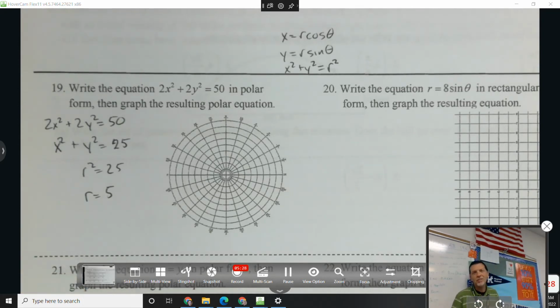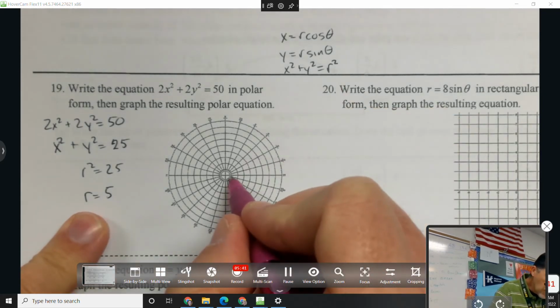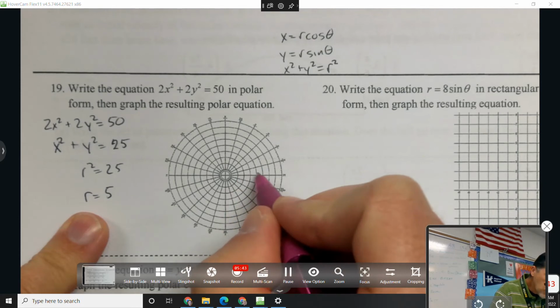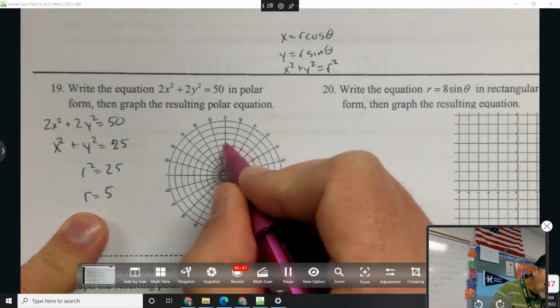We didn't graph any of those yesterday, so this part is a little bit new. If I want to graph r equals 5, I need the radius to be 5, and I don't care what the angle is. So I'm going to go out 5, 1, 2, 3, 4, 5. It doesn't matter what the angle is, r is 5.